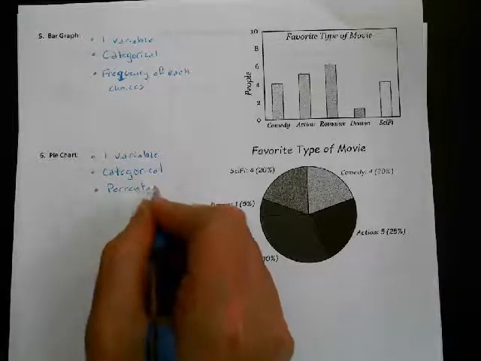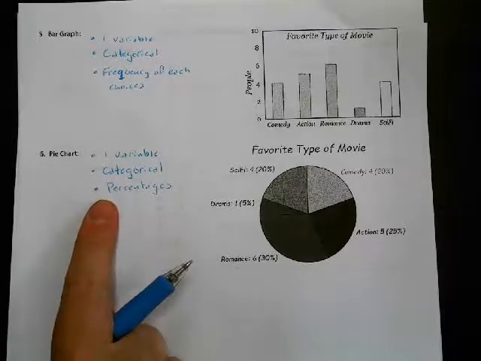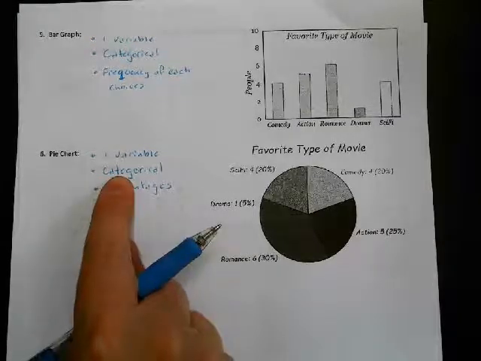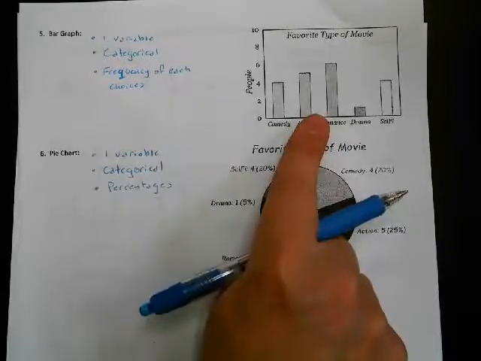So this is like the version of the box and whisker because it's percentages, but it's categorical. Box and whisker was percentages with numerical. And this is kind of like the histogram where we're looking at frequency, but this is for categorical.